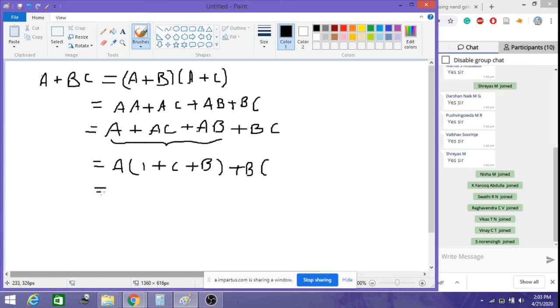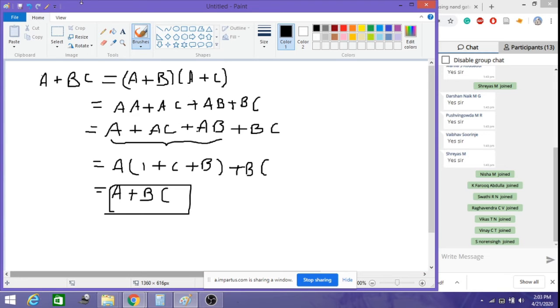So now this is equal to A plus BC. So therefore we have proven that the right hand side is equal to the left hand side. So A plus B of A plus C is equal to A plus BC.